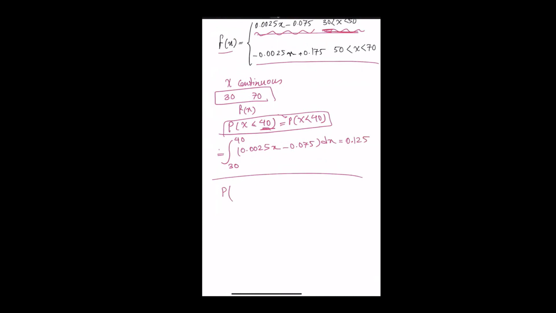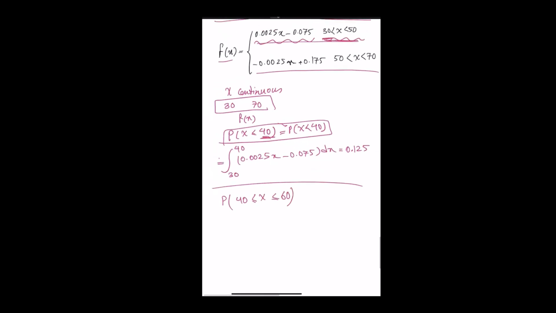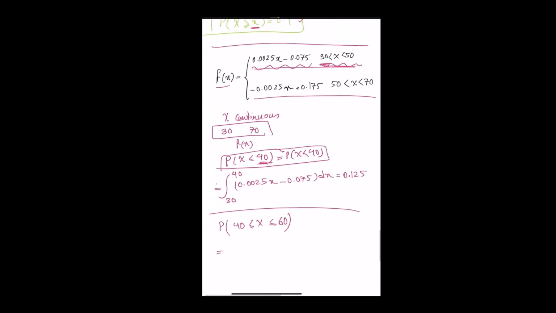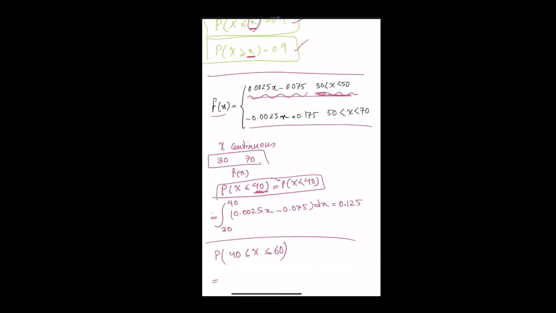Okay, so now we want to calculate the probability of x between 40 and 60. We know that x between 40 and 50 falls in this range, and x between 50 and 60 falls in this range.